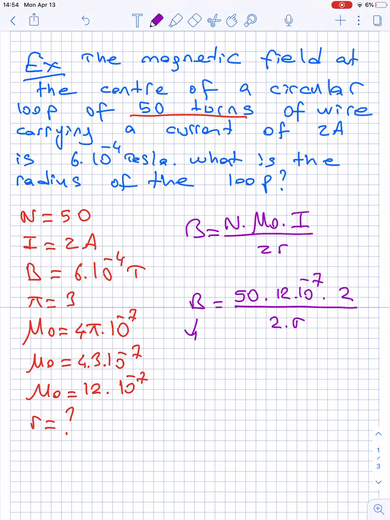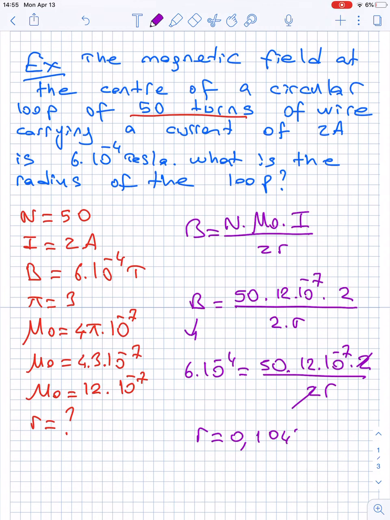B we also know: it is 6 times 10 to the minus 4. So 50 times 12 times 10 to the power minus 7 multiplying 2 over 2R. Here 2 and 2 are simplified. When I solve for R, my result is 0.1047 meters.